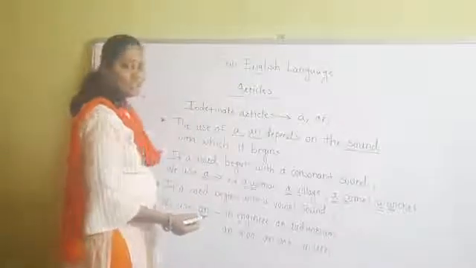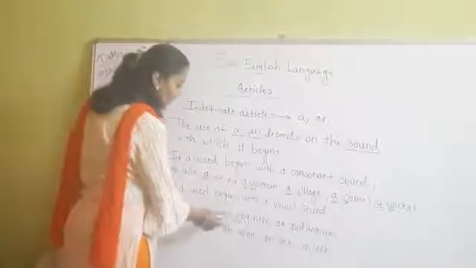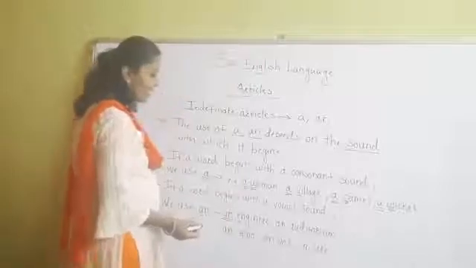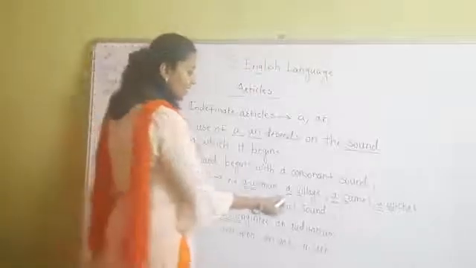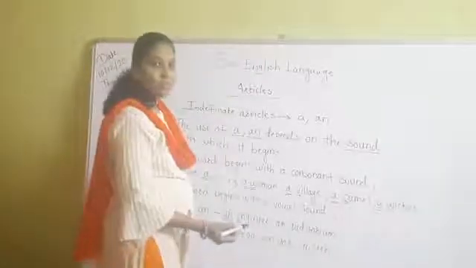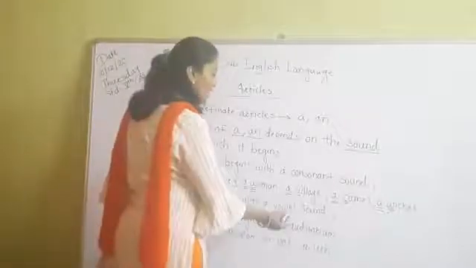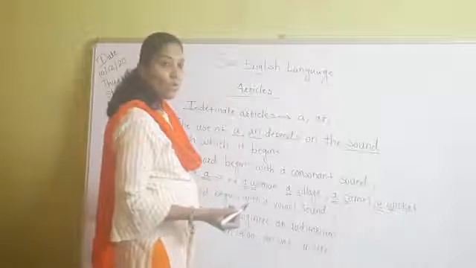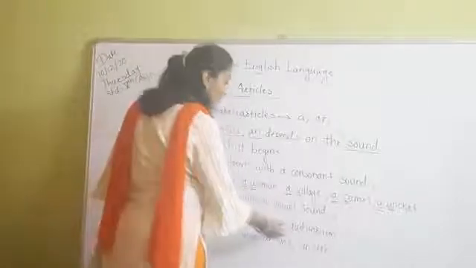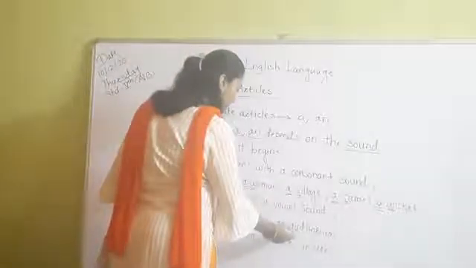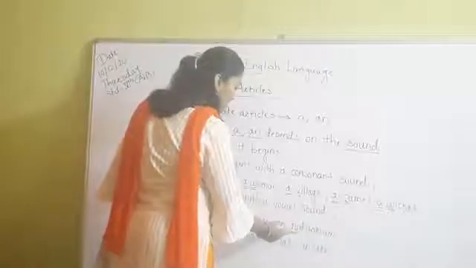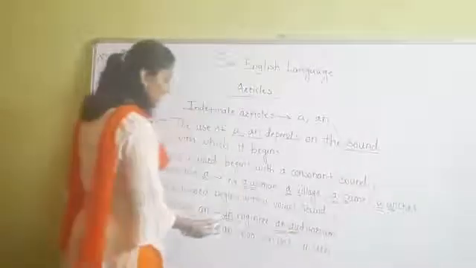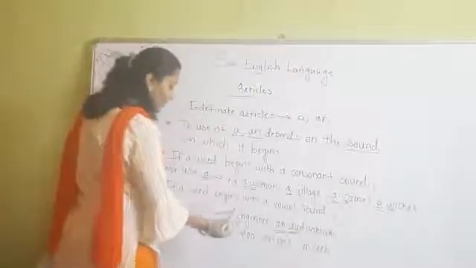So we have to use here an engineer. Then auditorium. Auditorium starts with A, but when we pronounce it, we are saying auditorium. So we are using here an.